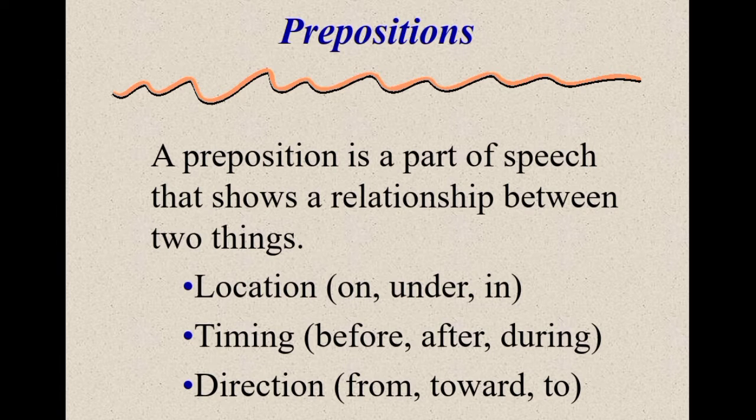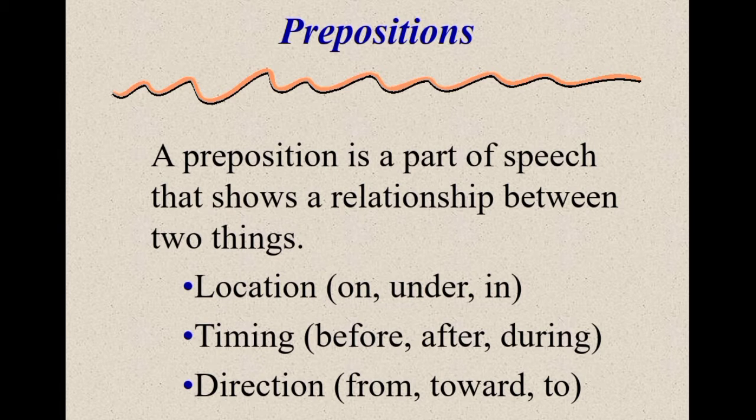About location, when we use on, it indicates that something is on the surface, and we use under to indicate that the thing is under the object. Likewise, timing: before, after, during. Then direction: from, towards, to.